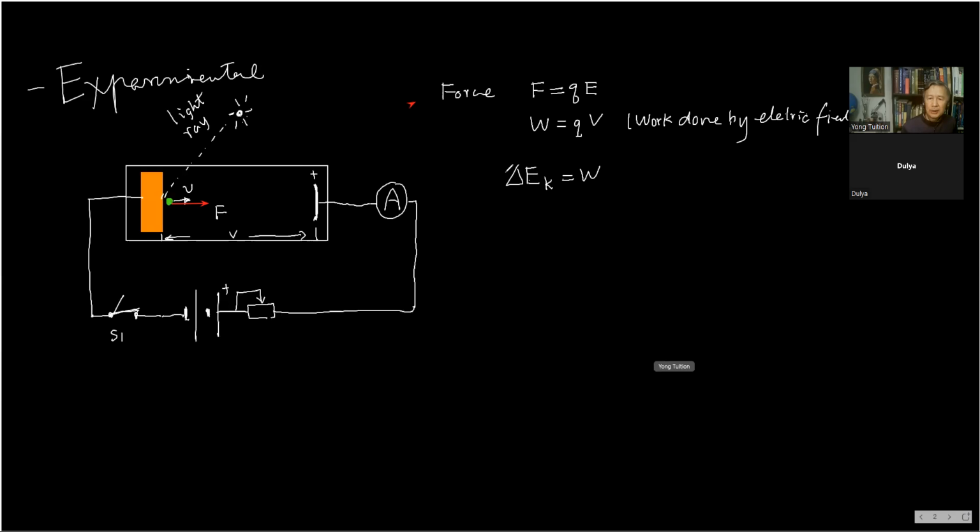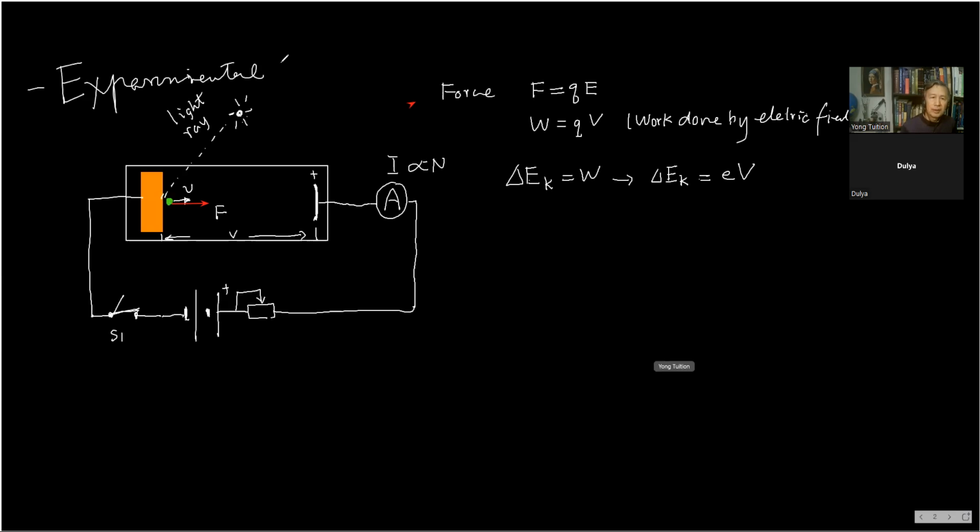That is how we use this basic formula: the increase in kinetic energy equals the product of the charge of the electron, e, and V. By the way, the number of electrons is proportional to the current, so the current is proportional to the number of electrons collected.